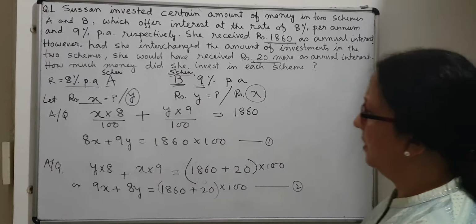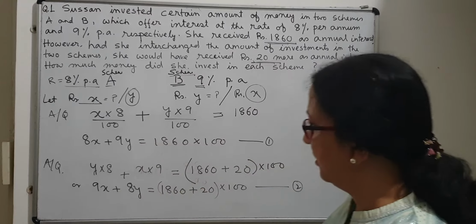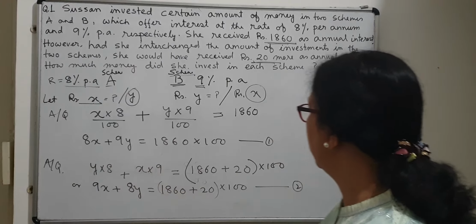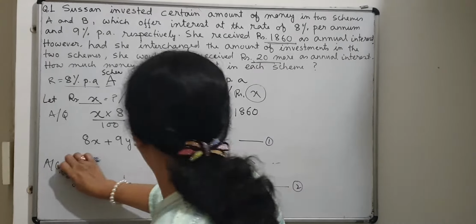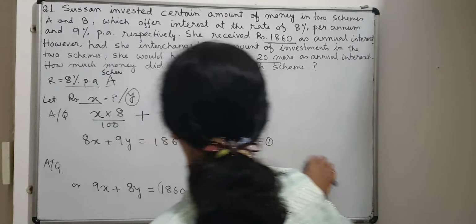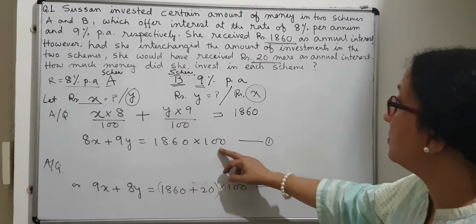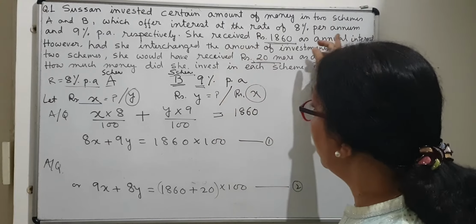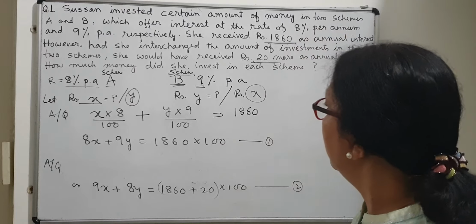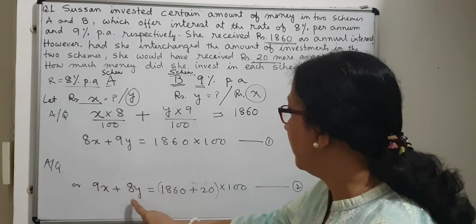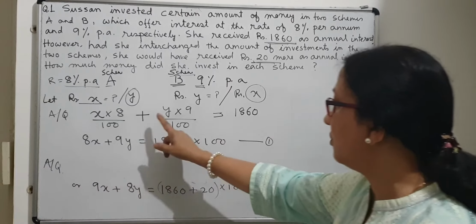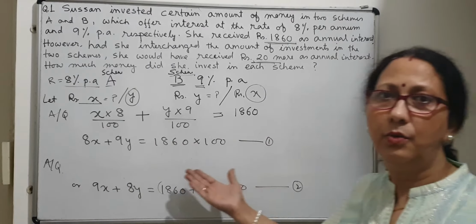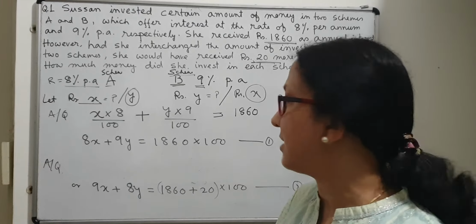So now you observe the interchanging coefficients. Let me erase this one, then we will be able to observe. These are the two equations we have received from the question conditions. So 8, 8, 9, 9, they are interchanging coefficients. So obviously we will go for the method of adding and subtracting.